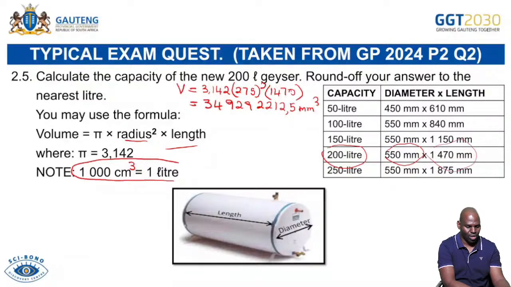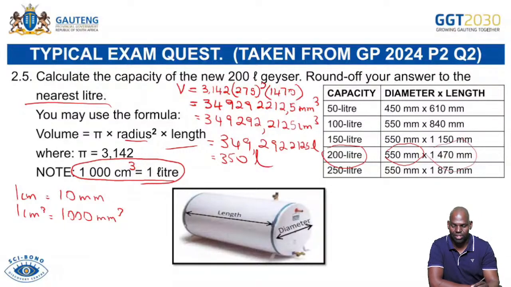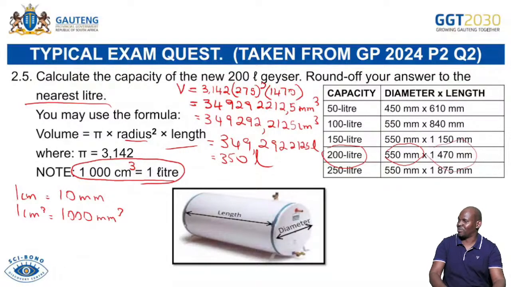Okay, so the capacity according to the given information is 350. So it's 1470 multiplied by 275 squared and times 3.142. So in the end, I get 350 liters. Okay, to the nearest liters, which is 350.